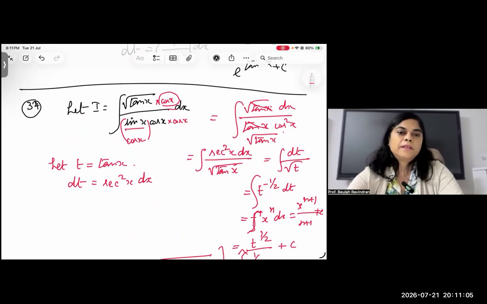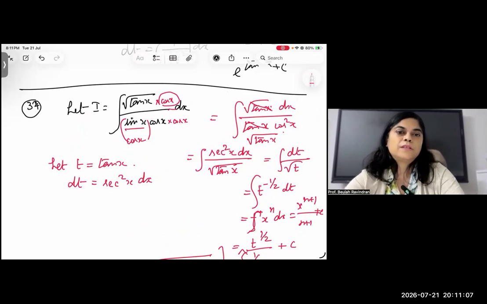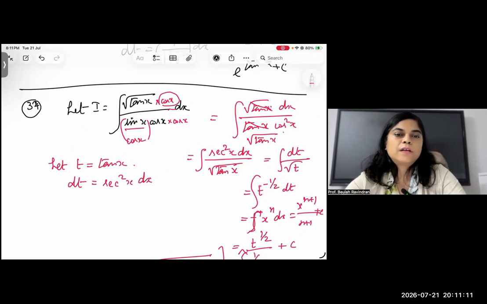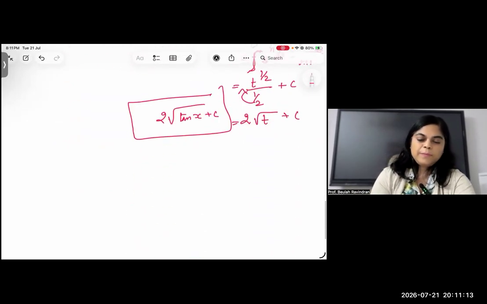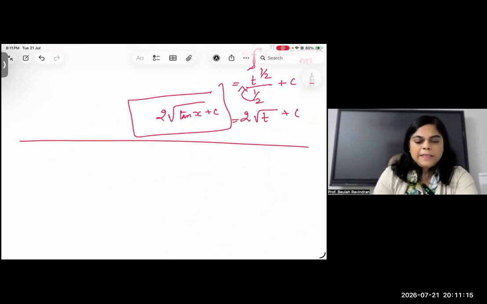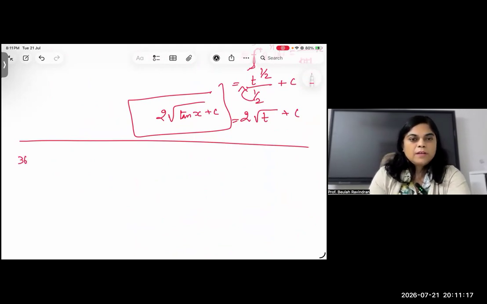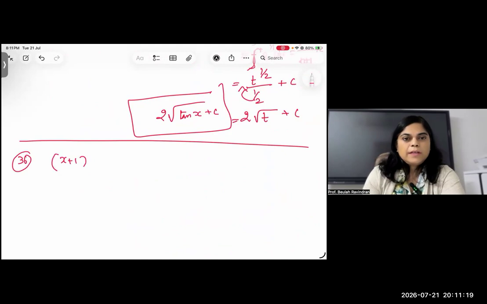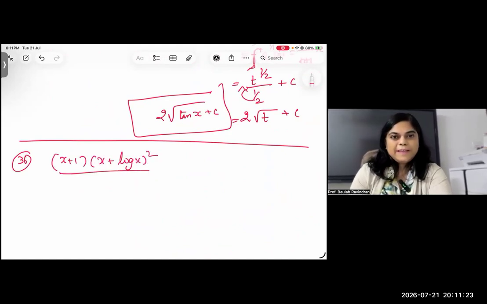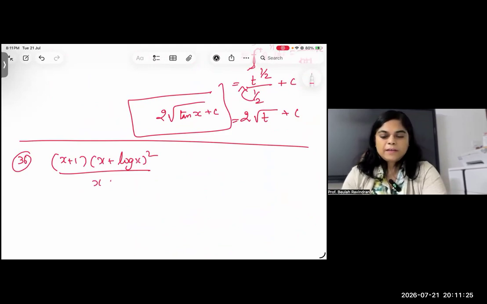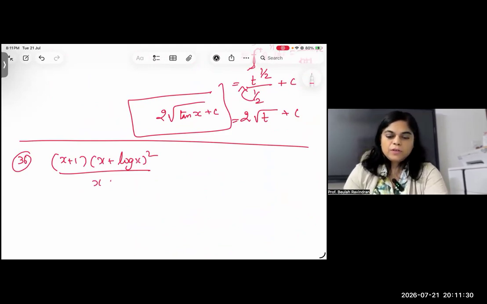Then I told you to solve the 36th question. What is that 36th question? The integral of x plus 1, x plus log x, the whole square by x. So you can write it like this, x plus 1 by x.